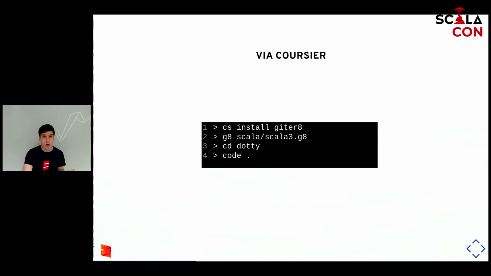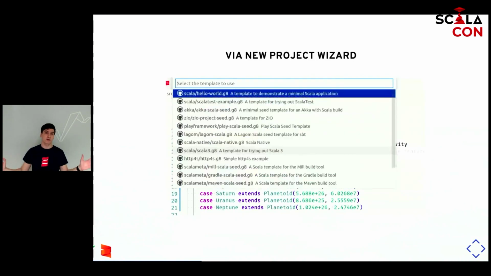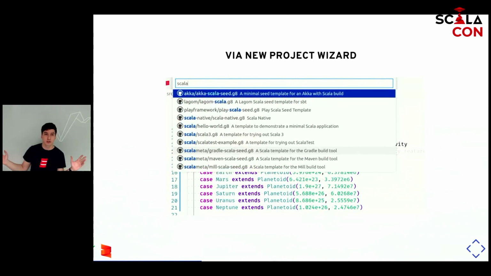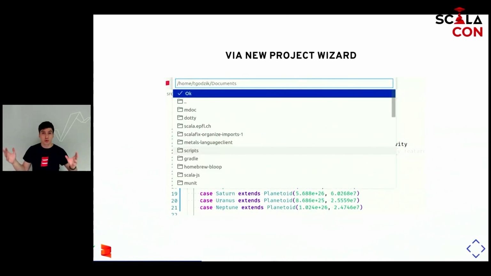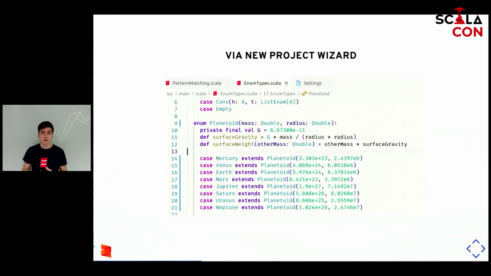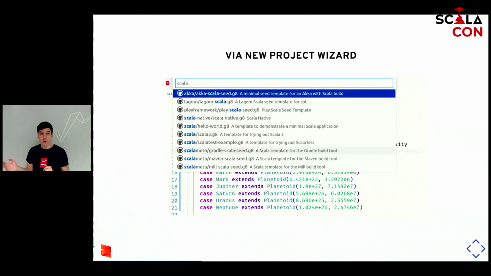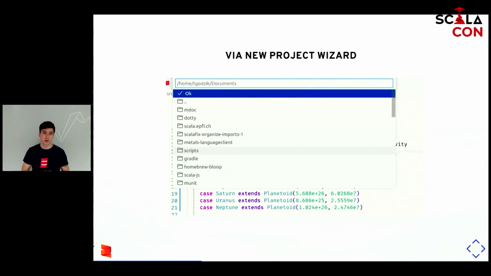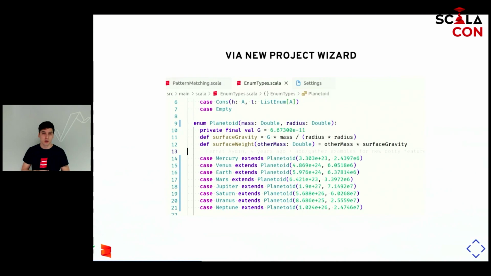Another option for creating a Scala 3 project would be via a new project wizard in Metals. Whenever you have an empty workspace, you can click on a button in the Metals view, or you can invoke it from the Metals view. Actually, all the time there's a small button.